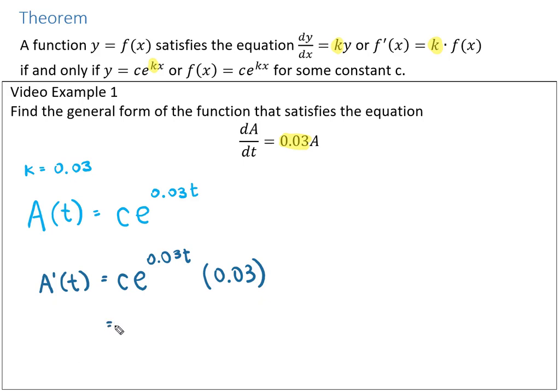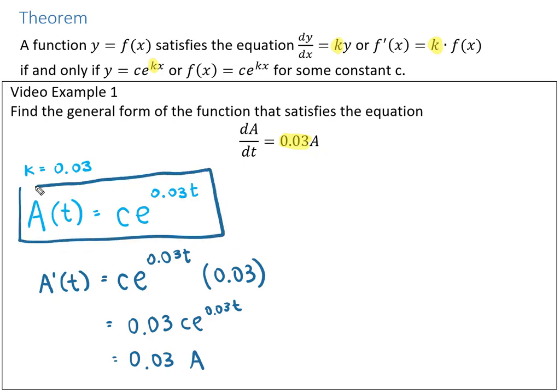And so you end up with 0.03 c e to the 0.03t, which is the same thing as 0.03 times A, since this whole thing here is equal to my A function. And so you can see that the derivative is exactly what we thought it would be if this is the function that we were looking for.